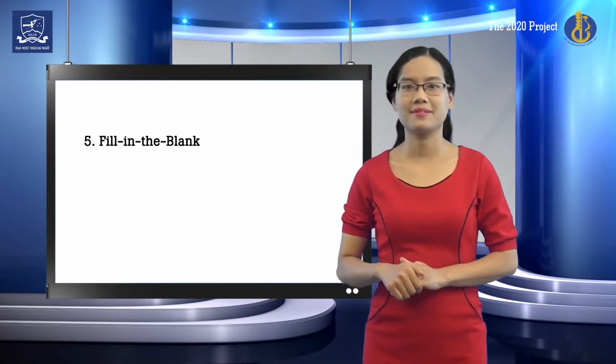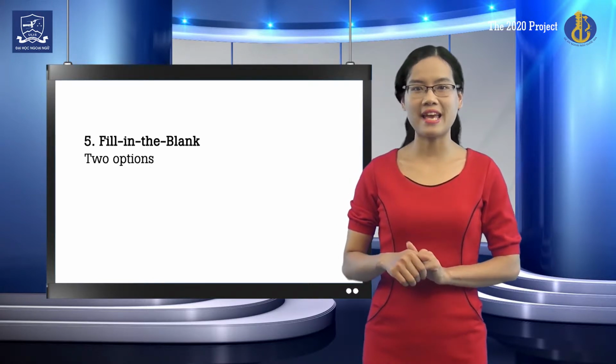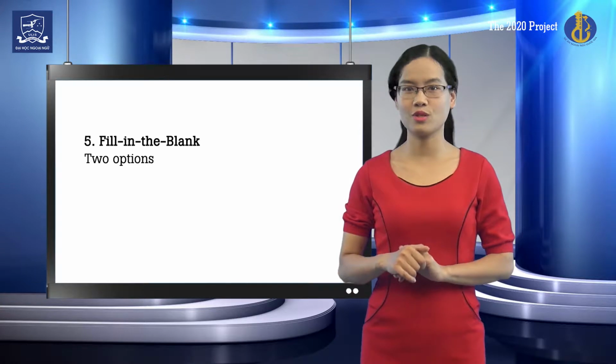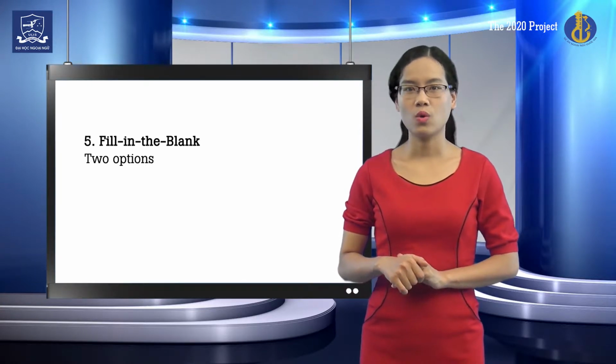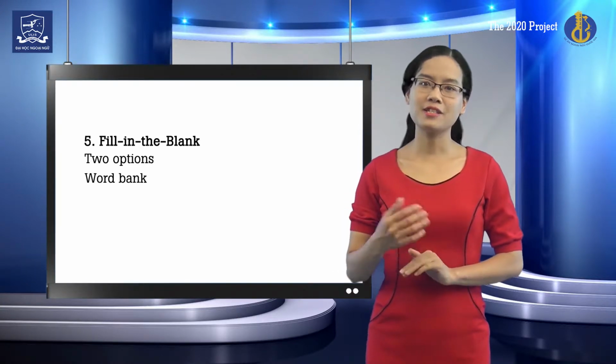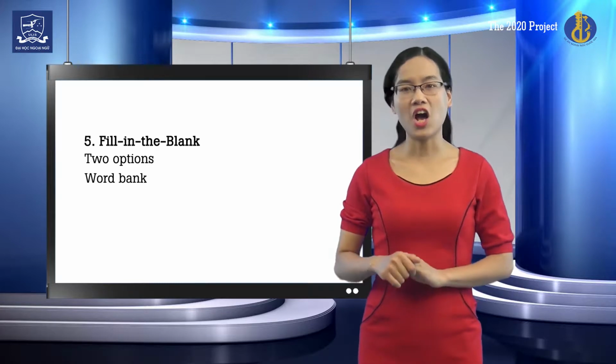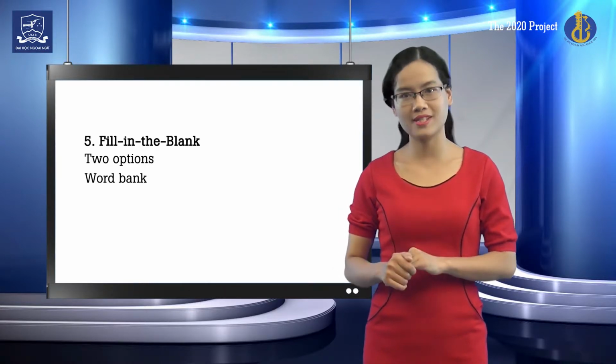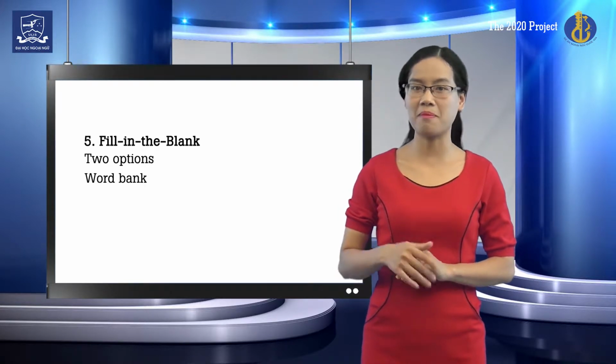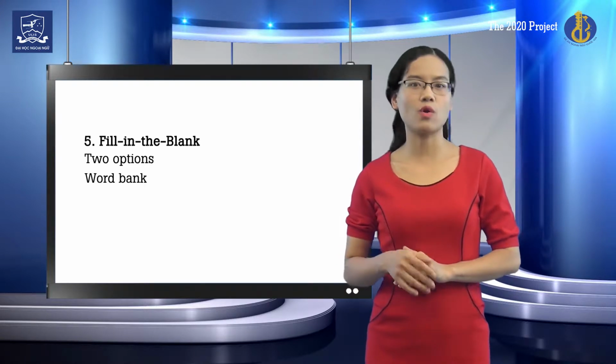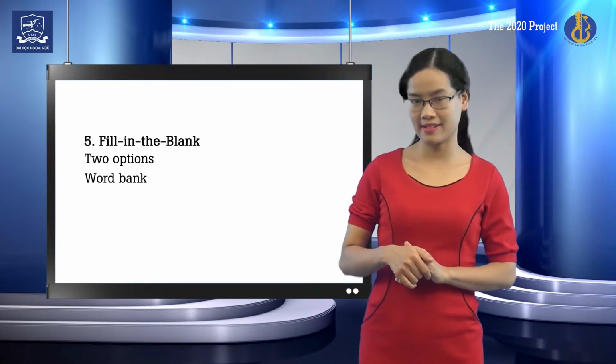2 options. Next to the gap, there are 2 possible answers to choose from. Word bank. Students have a word bank either with the same number of words or phrases as there are blanks, or more words or phrases than there are blanks.